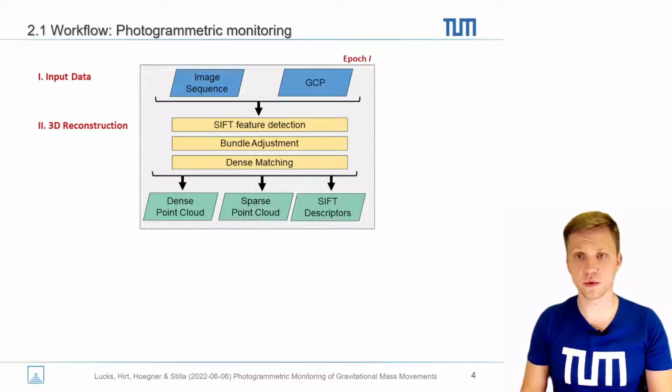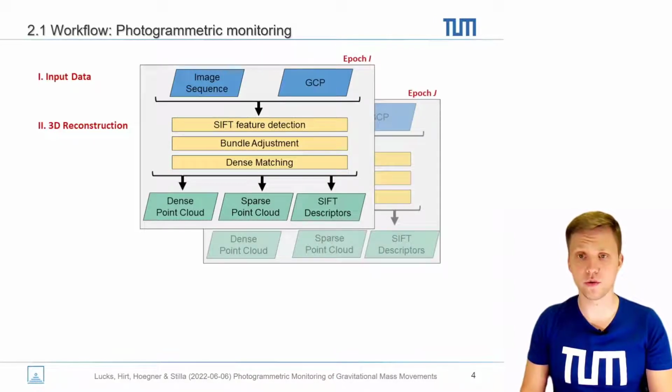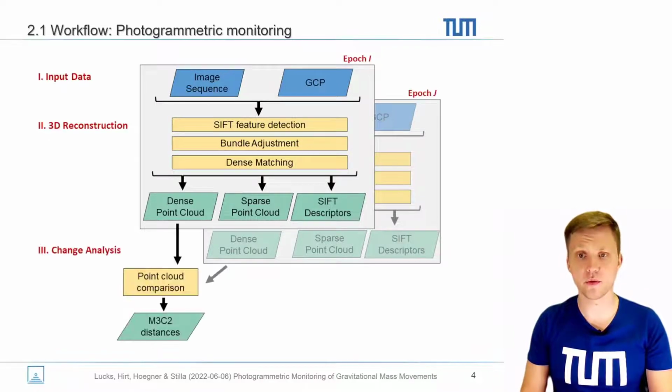First, we compute some key points and descriptors, then we perform a bundle adjustment, and finally we perform a dense matching. As results, we obtain a dense and a sparse point cloud as well as some feature descriptors. For a second epoch, we use the same workflow, so in the end we get all the results for both epochs.